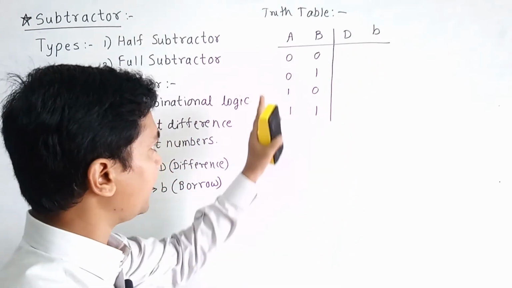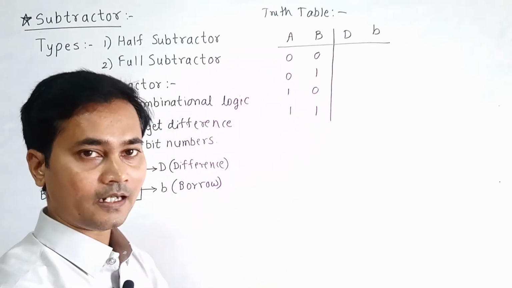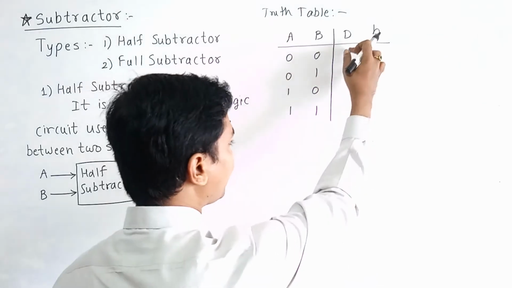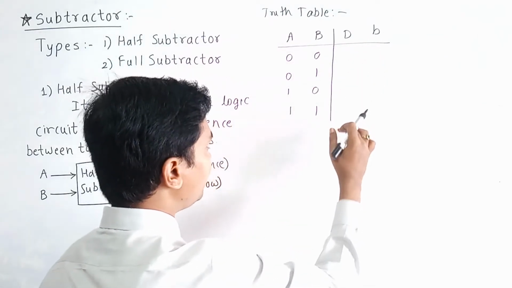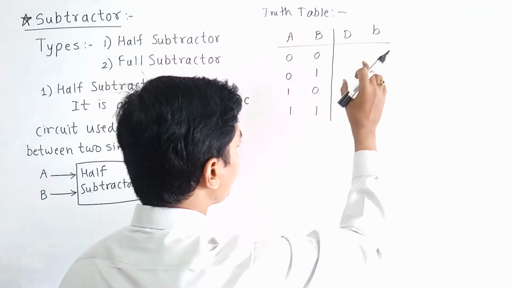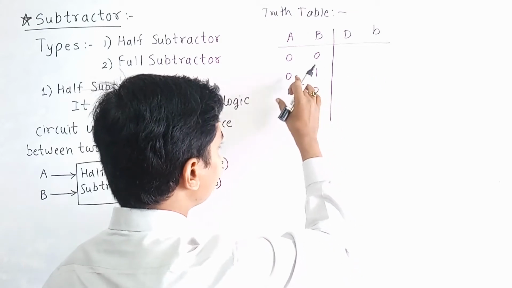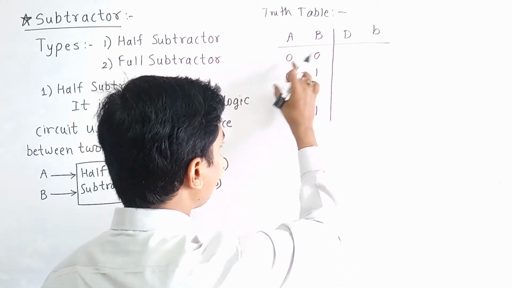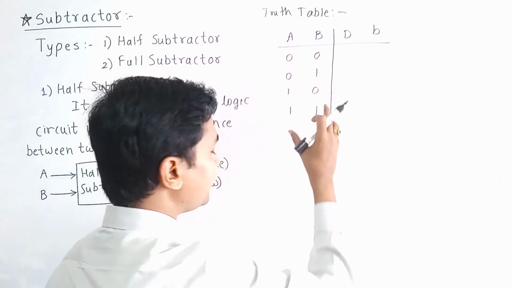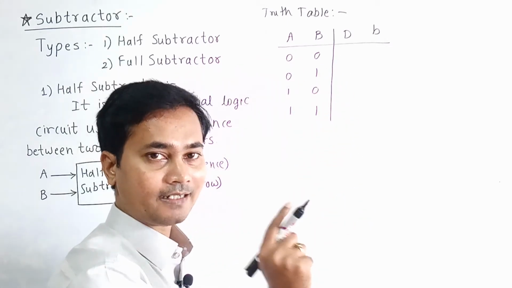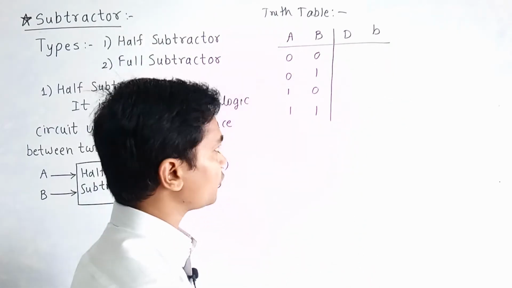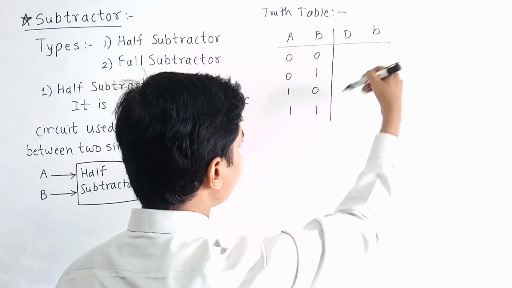So first A minus B has to be performed, and whatever the bit difference is, that should be written in the capital D column, that is the difference column. And small b means we have to subtract B from A, and if the result is negative, at that time only the borrow will be generated. Okay, so let us start with this truth table.